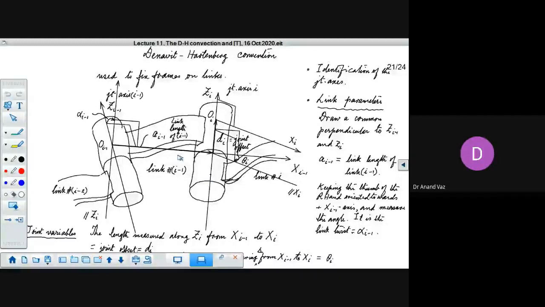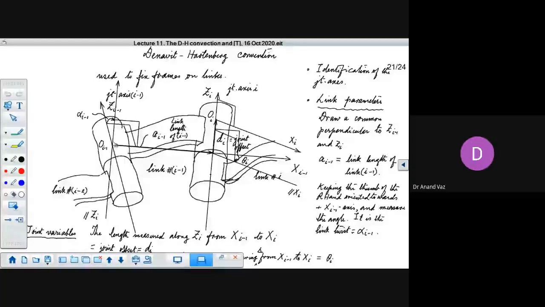Having identified the link length, the next thing we proceeded with was the link twist. The link twist offered us the relative orientation between these two joint axes. So we kept our thumb oriented along this xi minus 1 and turned our fingers from Zi minus 1 towards a line parallel to Zi.